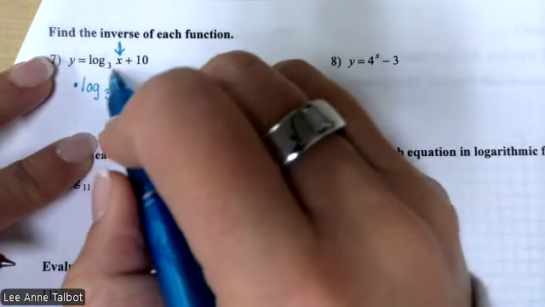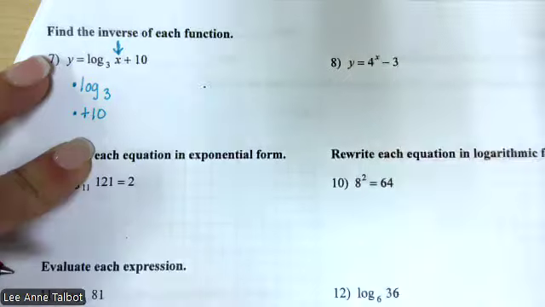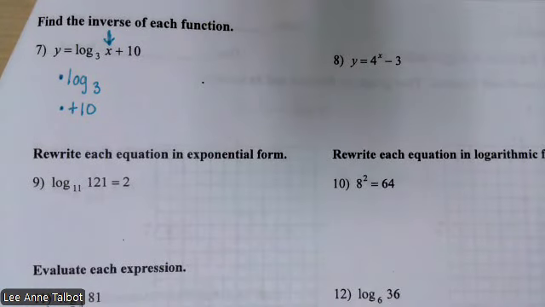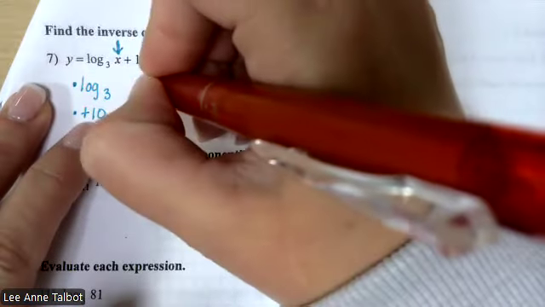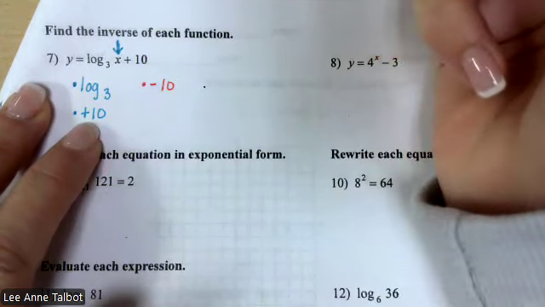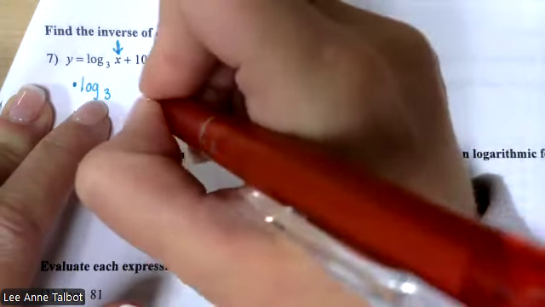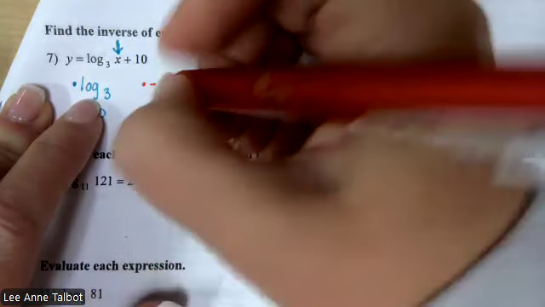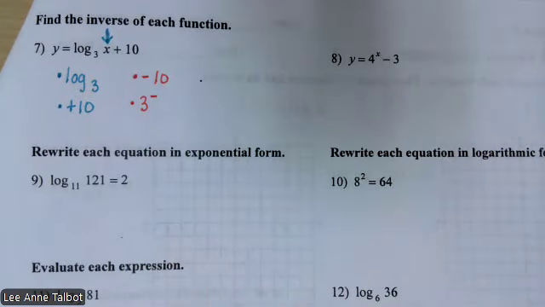After I log base 3, whatever number that is, then I would add 10. Okay, inverse steps. First step, minus 10. Second step, what undoes log base 3? 3 to the power. Beautiful.